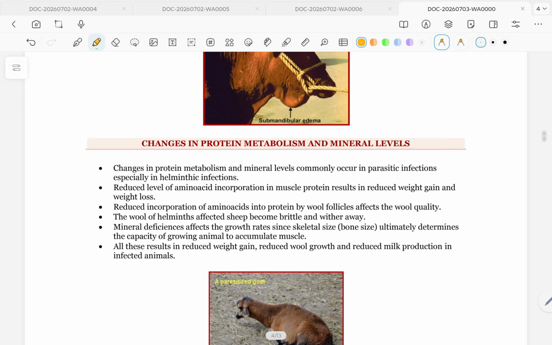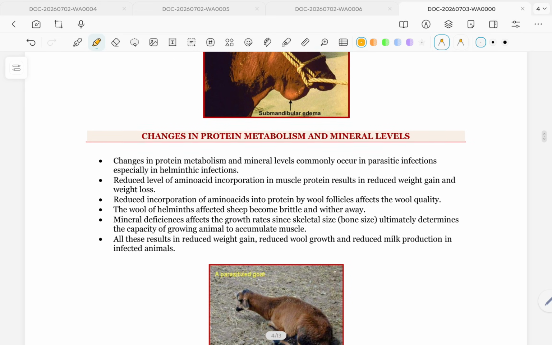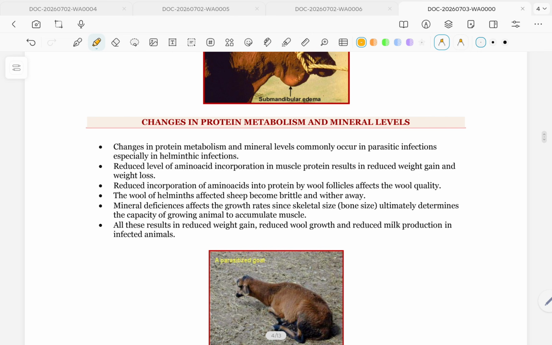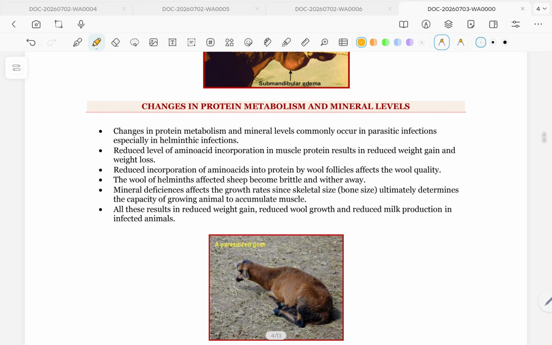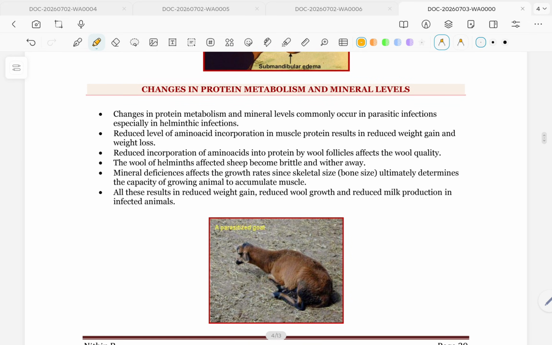Change in protein metabolism and mineral level. Change in protein metabolism and mineral level commonly occurs in parasitic infection, especially in helminthic infection. Reduced level of amino acid incorporation in muscle protein results in reduced weight gain and weight loss.